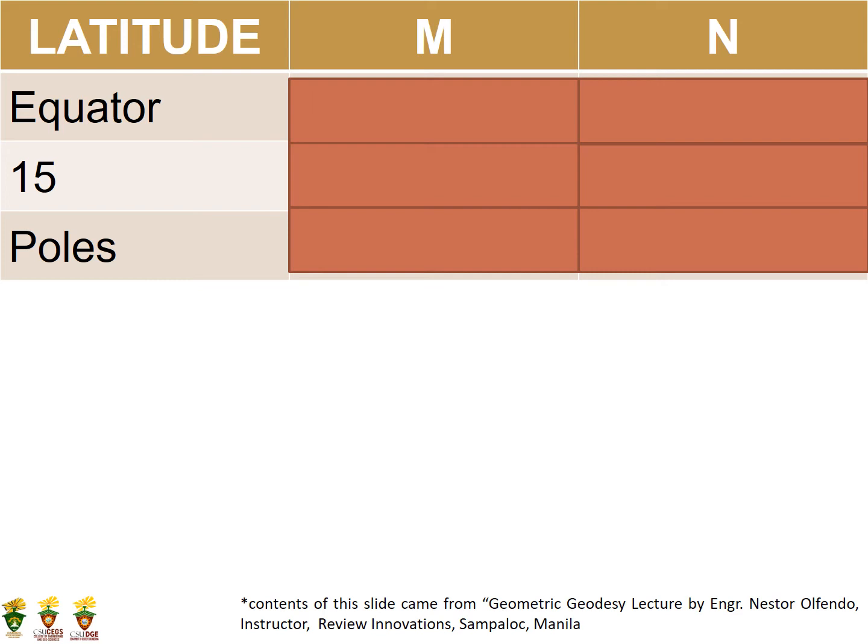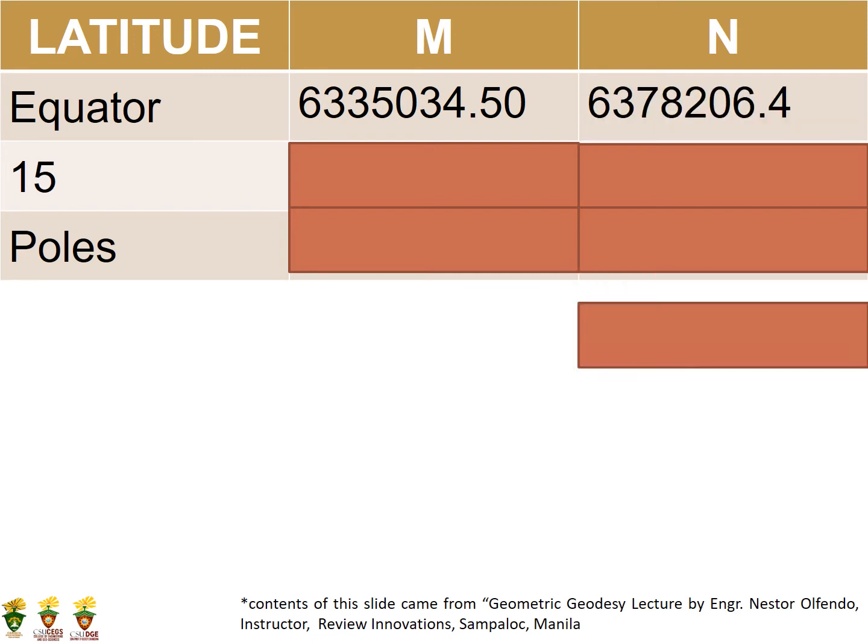At the equator, the geodetic latitude is equal to 0, so we can get the values using the formulas of the meridional and prime vertical section radius. Substituting the geodetic latitude equal to 0, M is equal to 6335034.50, while N is 6378206.4. How about if we substitute the geodetic latitude of 15 degrees?